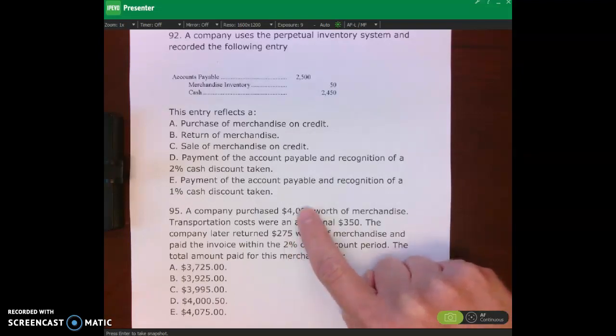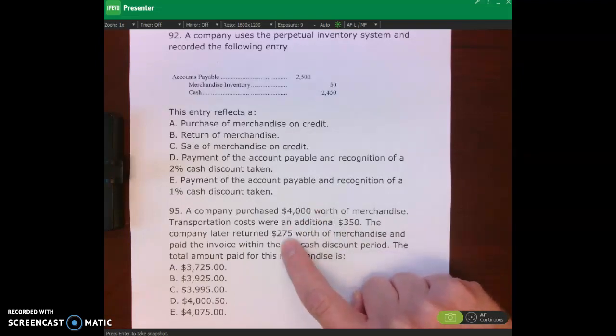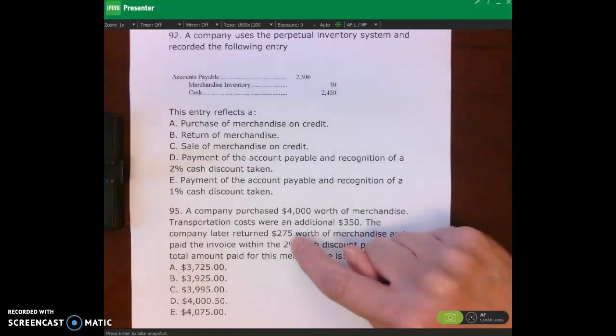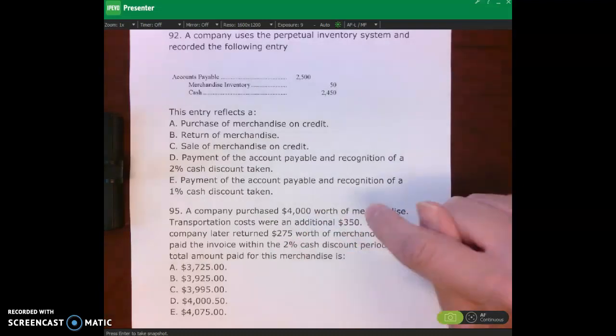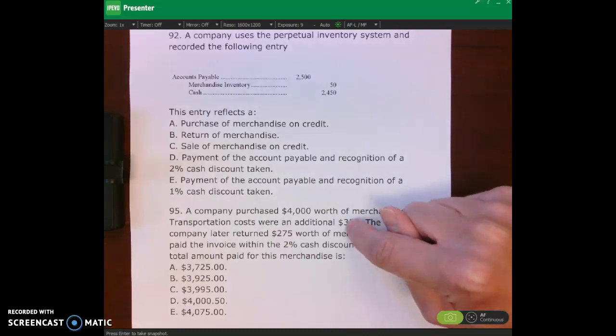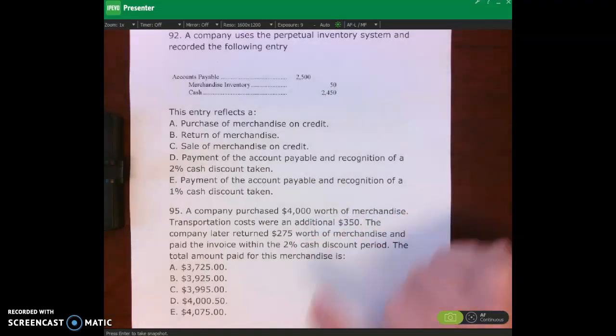So that's going to be the 4,000 minus the 275. And then you can take the purchase discount on that number. And then you have to add the transportation costs separately. So transportation costs are separate. They're not included in the purchase discount.